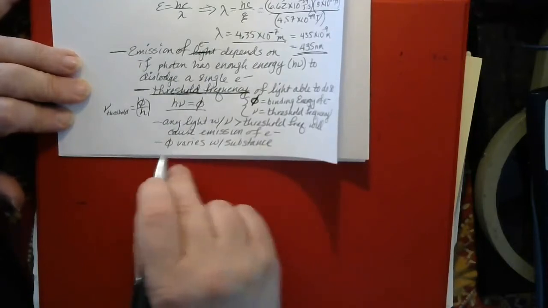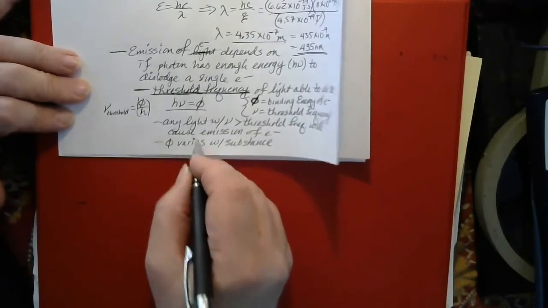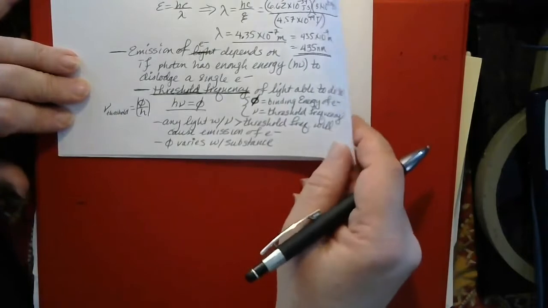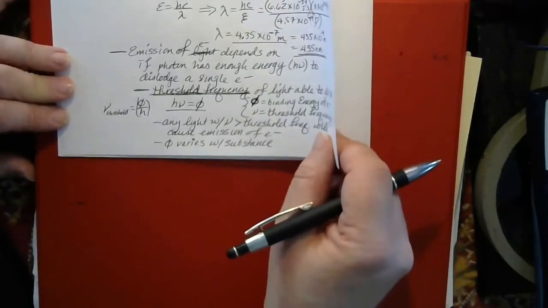The reason that we need this equation is because the binding energy will vary from one substance to another. Some substances, like the metals in group 1 or group 2 of the periodic table, have very low binding energies, and it takes very little energy on the part of an incident photon to get them to spew out some electrons.